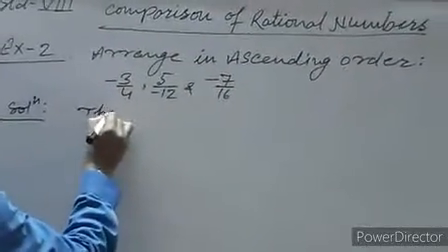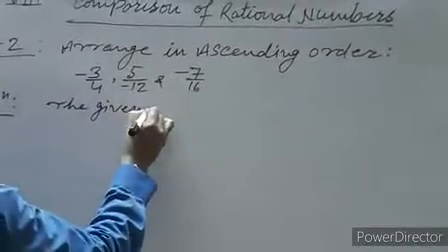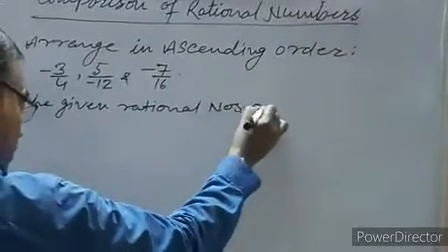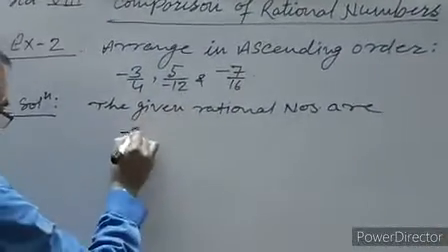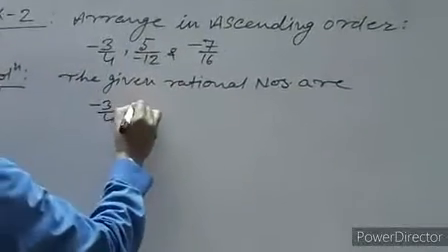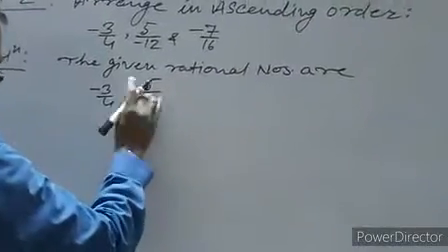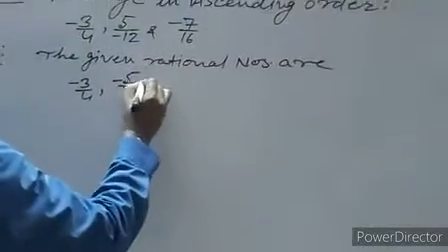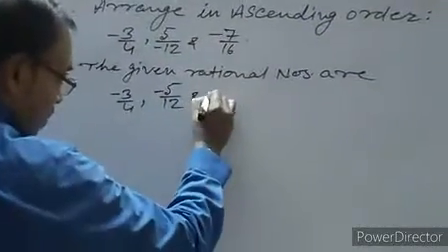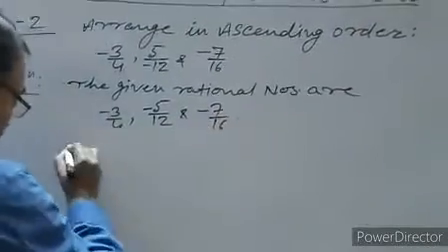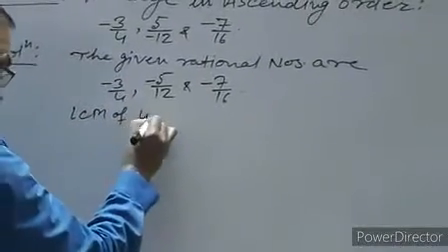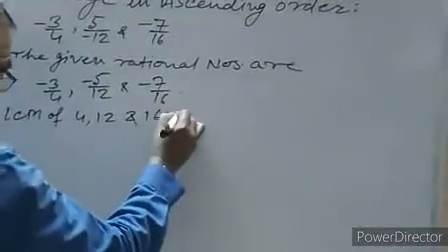The given rational numbers are minus 3 by 4, minus 5 by minus 12, which is minus 5 by 12 after multiplying by minus 1 by minus 1, and minus 7 by 16.